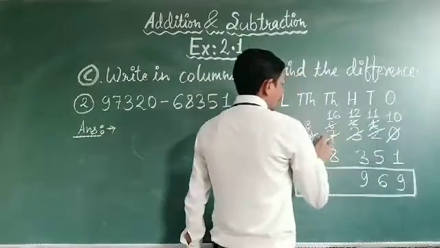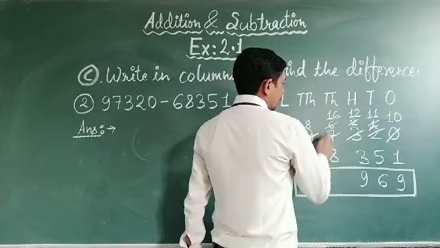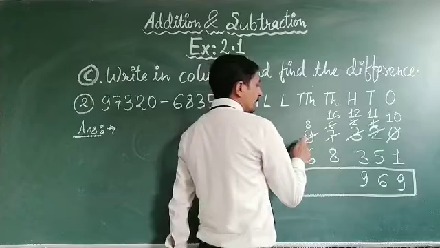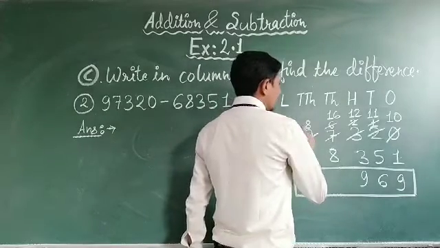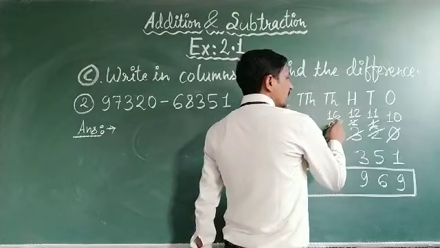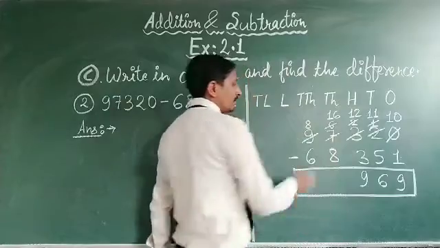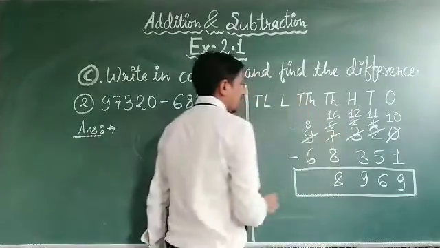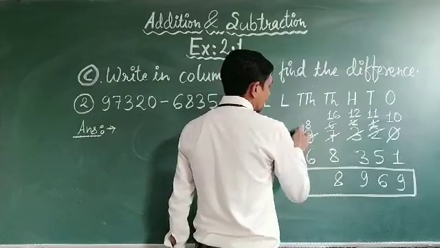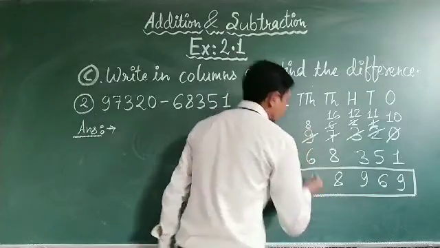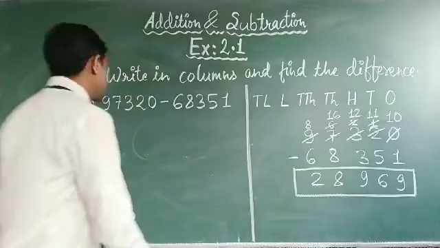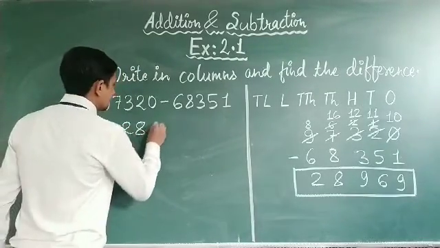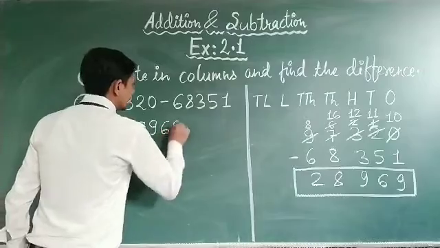And now you see 8 is not subtracted from 6, so in that case what we have to do, we have to borrow 1 from this number 9, and it becomes 8, and this number becomes 16. So now when we subtract 8 from 16, we get answer as 8, and now 6 is subtracted from 8, so when we subtract 6 from 8, we get 2. So our answer is 2, 8, 9, 6, 9.